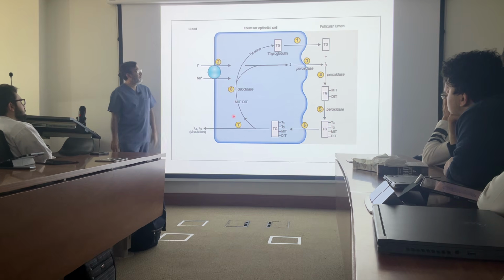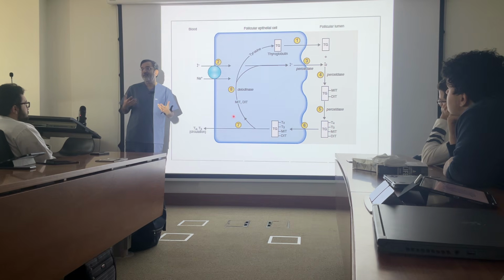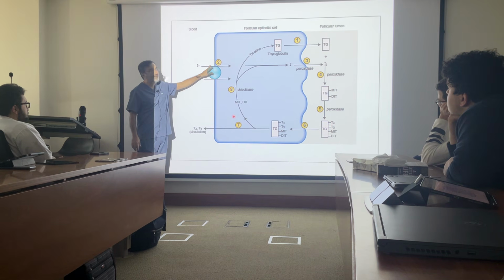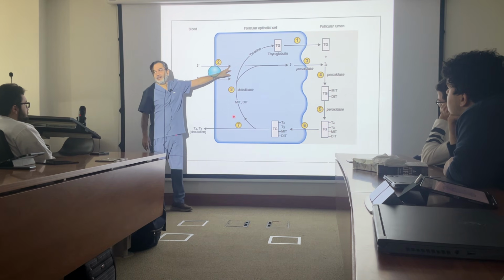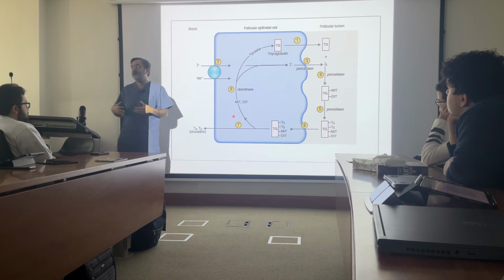The second step of this is that this thyroglobulin needs to be iodinated. So you have a sodium iodide pump, which is going to push the iodide in your blood into the follicular cells. Once iodide is in the follicular cell, it needs to be converted from iodide to iodine.